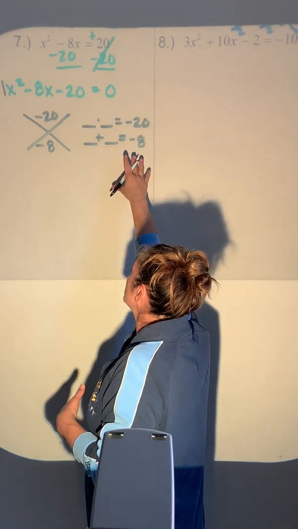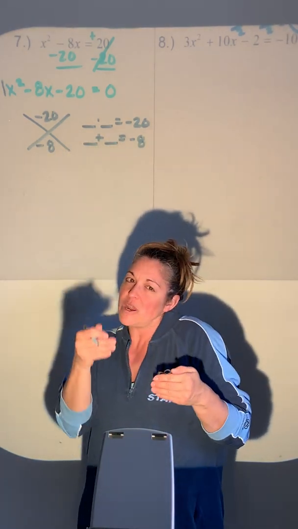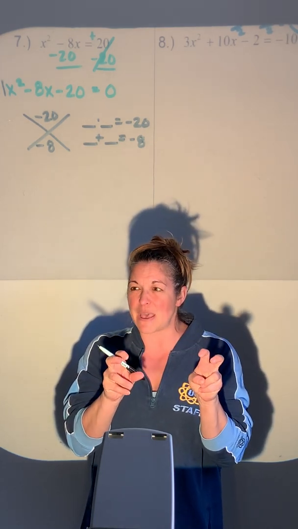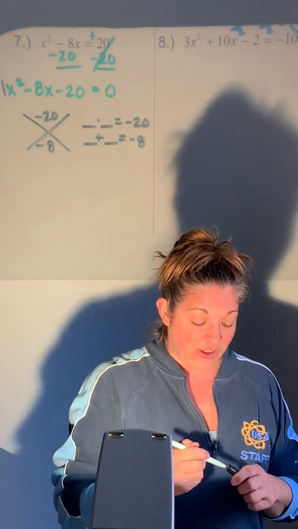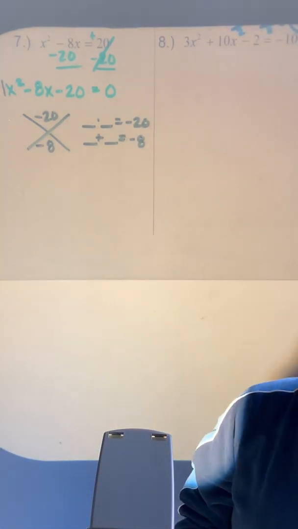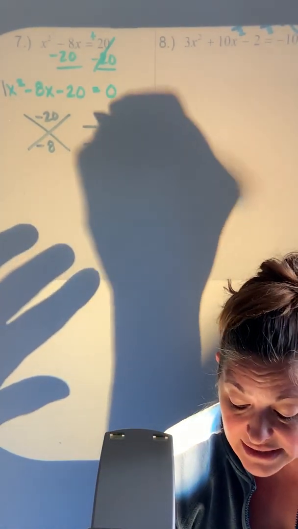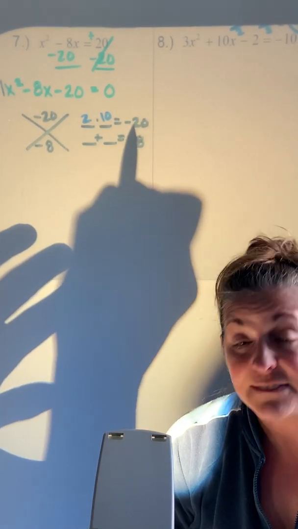So if I think of 20, I might think 4 and 5 right away. But if I make one of them positive, one of them negative, therefore having to subtract them, that's just going to give me a 1. So go through until you find the factors that would subtract to give you an 8. And that's going to be 2 and 10. Now, of course, we want the -20.